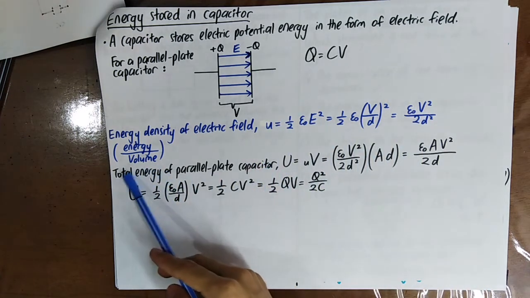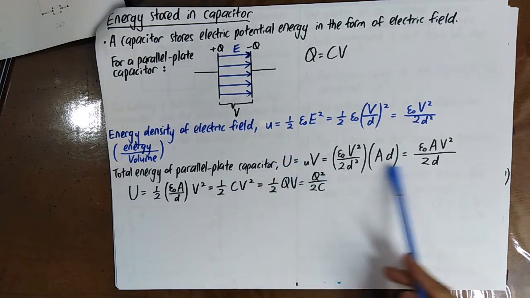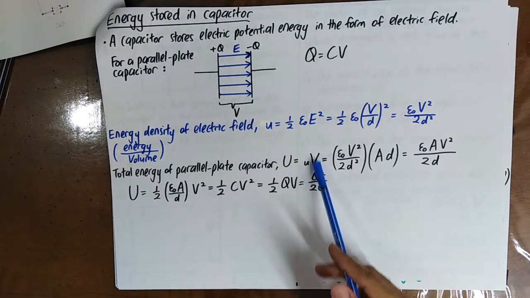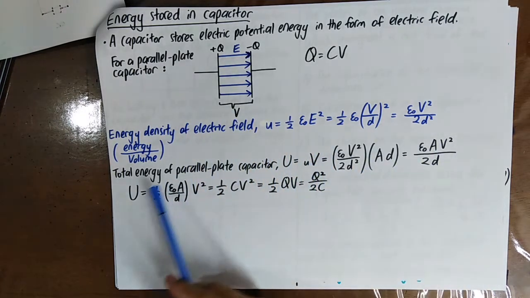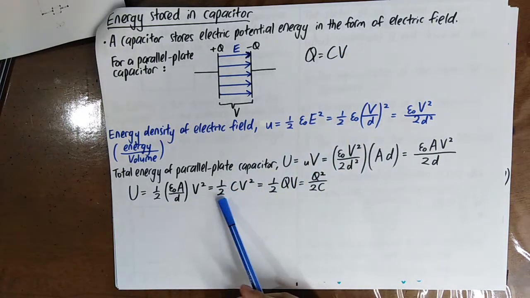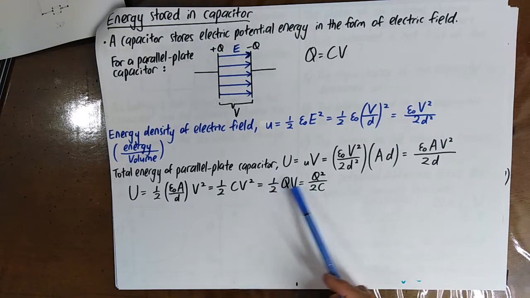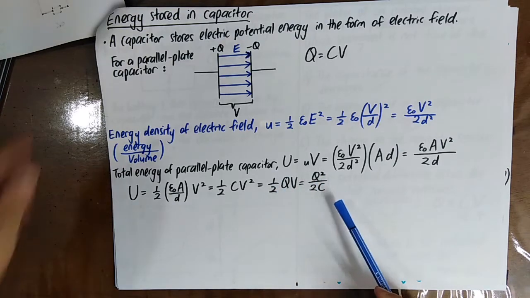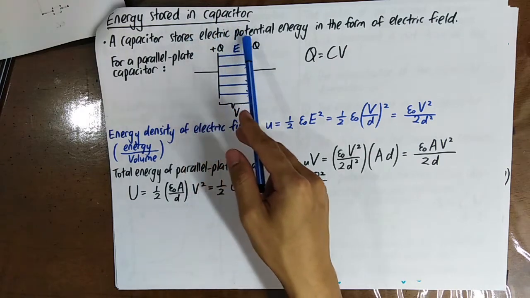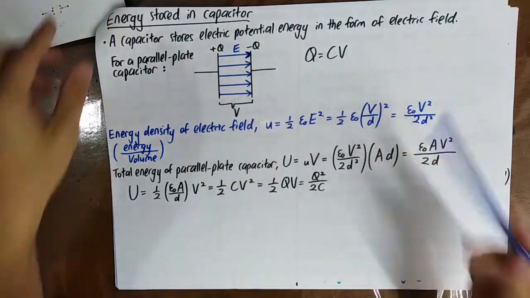You get the total energy of the capacitor by multiplying the energy density by the volume, then you get half CV squared. Then by using Q equal to CV, you get half QV and Q squared over 2C. So remember that a capacitor stores energy in the form of electric field.